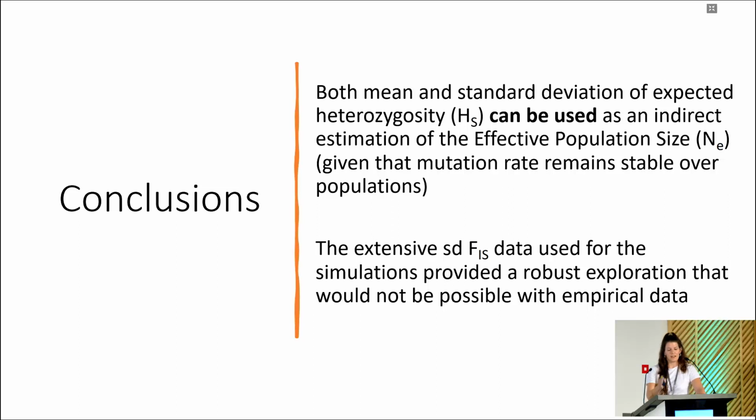But of course, under the assumption that the mutation rate remains stable over the populations. And also for the extensive data that we have for the standard deviation of the inbreeding coefficient, it was a robust exploration that it could not be possible if we just had some empirical data, so maybe we couldn't have proved that.